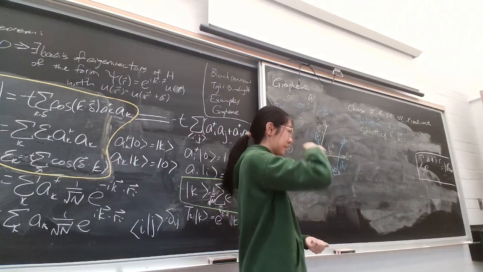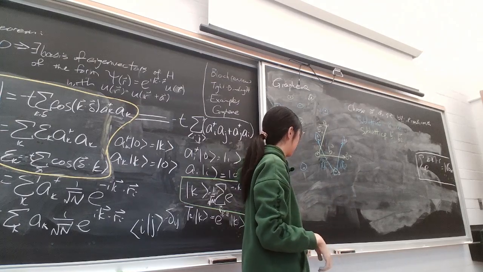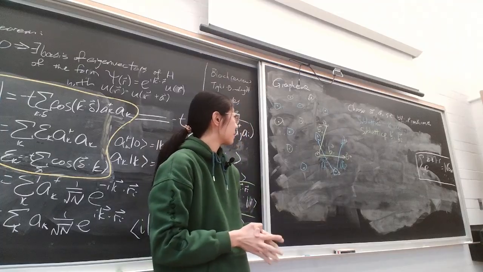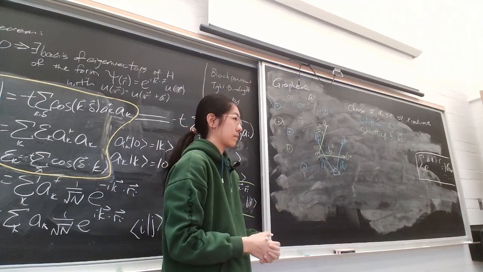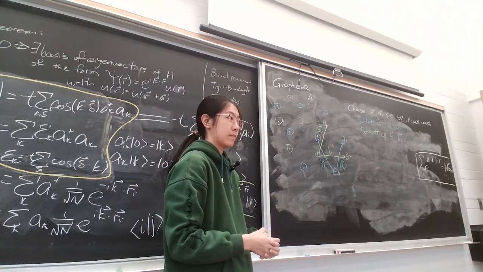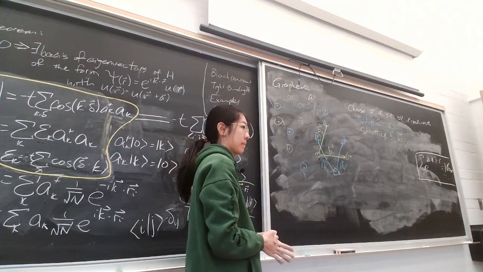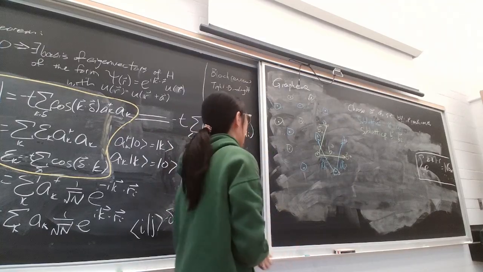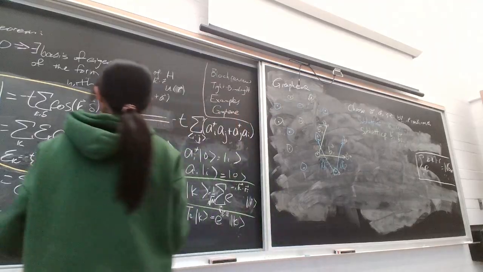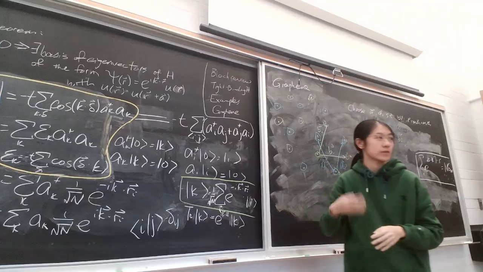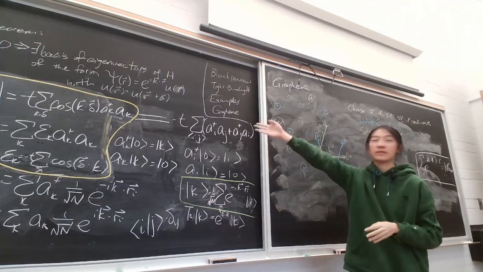What does this mean in terms of my states? It means I have states that are on the A sublattice and states that are on the B sublattice. Remember we started by saying that this Hamiltonian has the same translational symmetries as the translational operators.